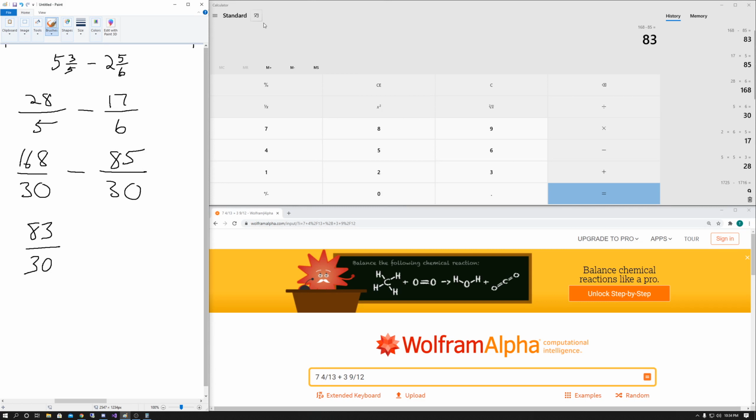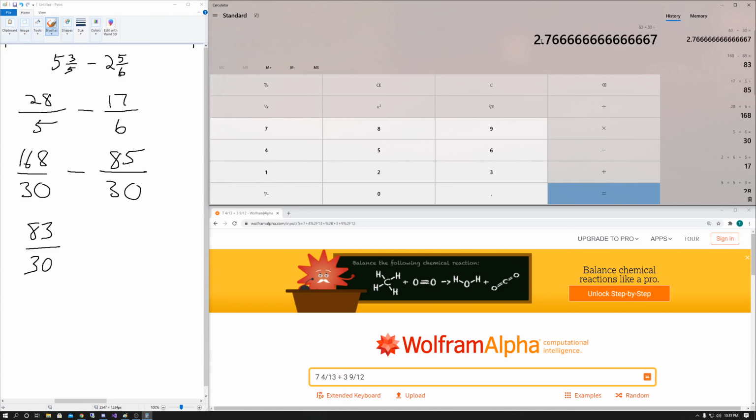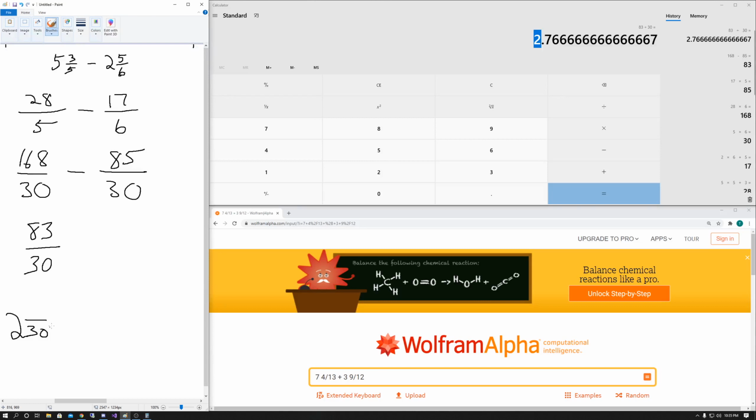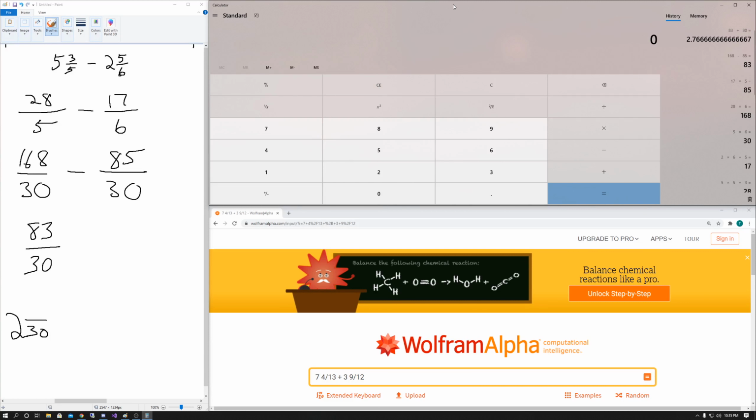Now let's turn that back into a mixed number. So 83 divided by 30. We only care about the whole part. Right? So we're going to say 2. Bring down the original denominator, which is 30. Right? 2 times 30 is 60.